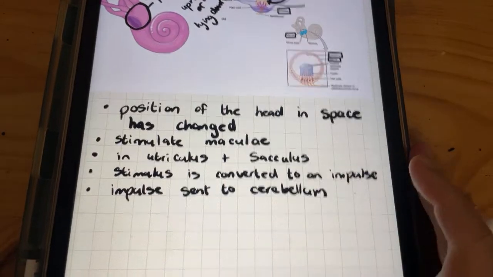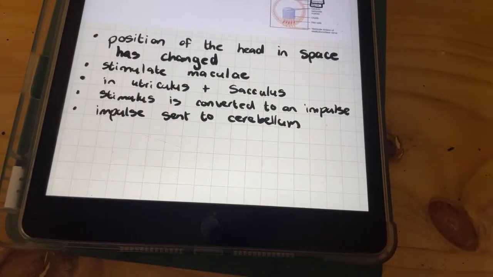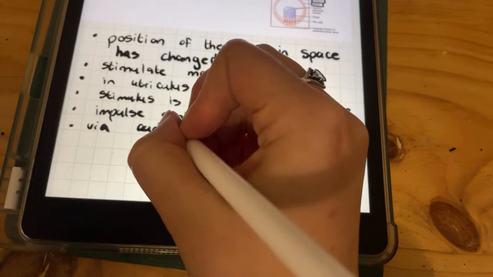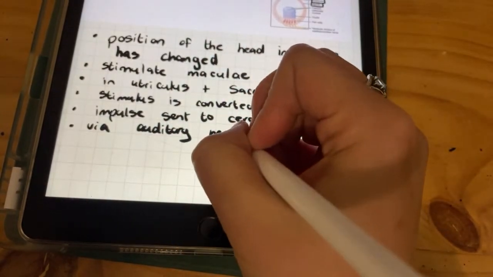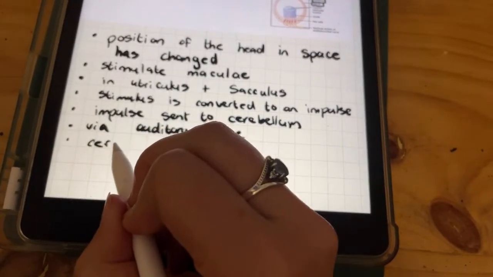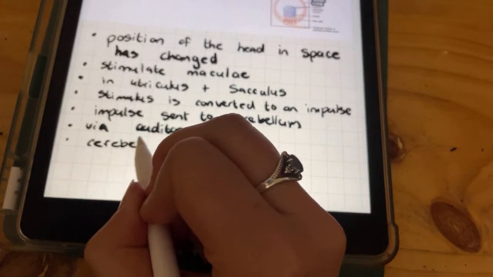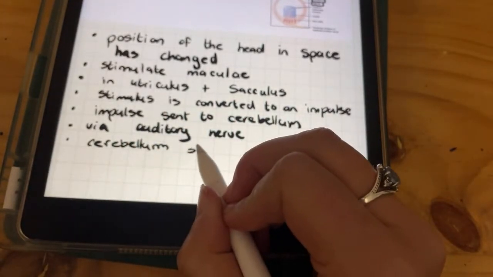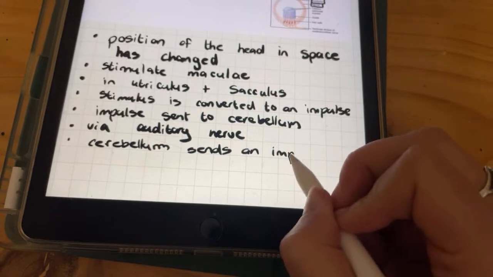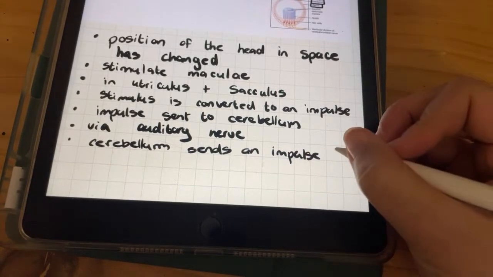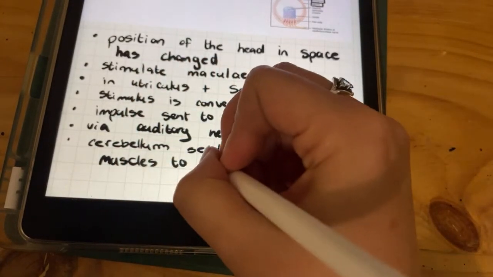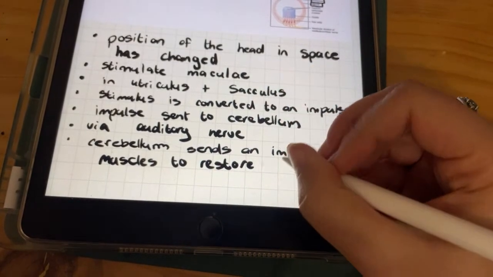cerebellum. They both go to the cerebellum because remember that's where balance and posture is located. Again, via the auditory nerve, and the cerebellum sends an impulse to muscles to restore posture.